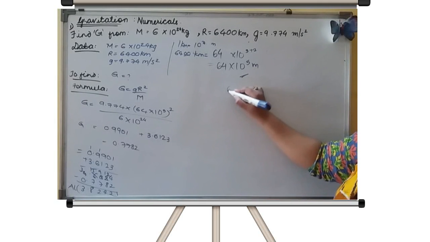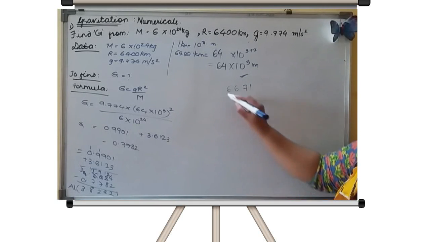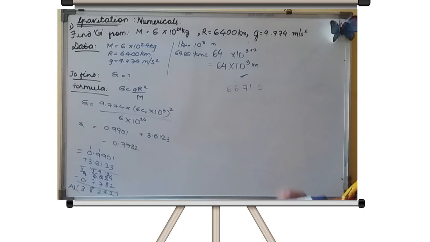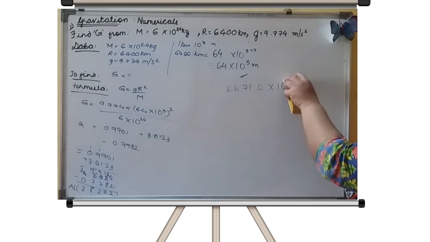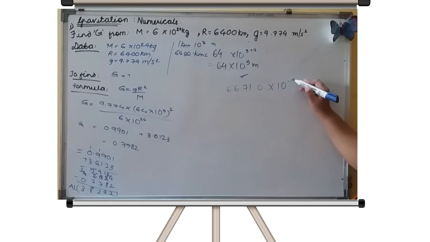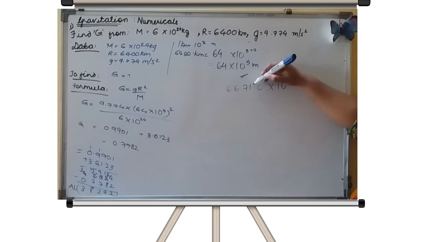We got 6671, and after 4 digits our decimal is occurring. And also we have 10 raised to powers such as 10 raised to 10 minus 24. So we will calculate, it is 10 raised to minus 14. Then this number is quite big, so we will transfer this decimal point 1, 2, 3.